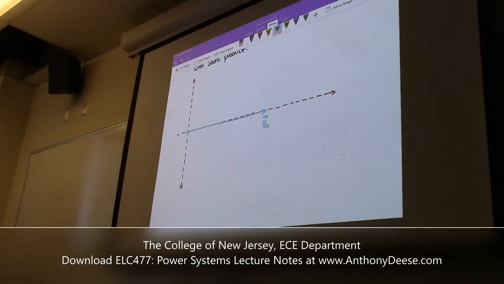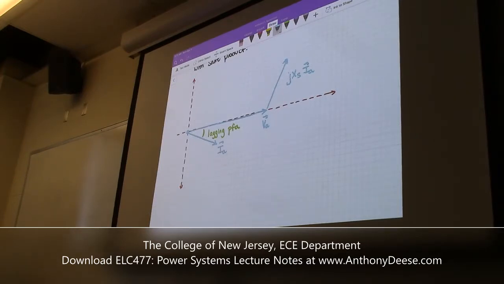So this is our jXS IA. In this case, our IA will point downward, and what that corresponds to is the fact that we have a lagging power factor angle. Our IA lags behind our VA.